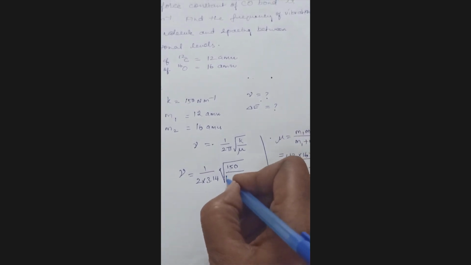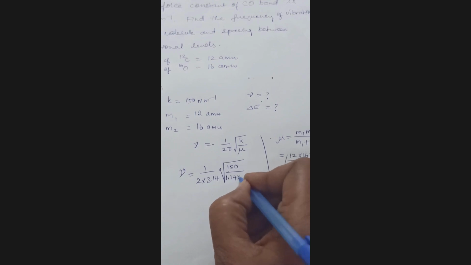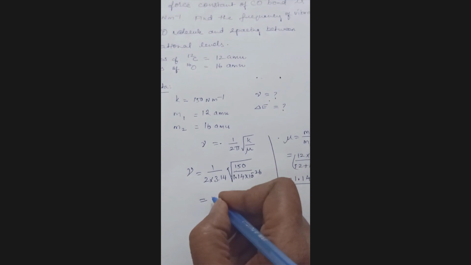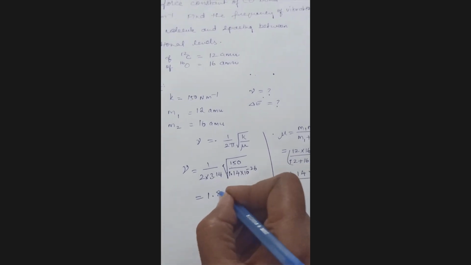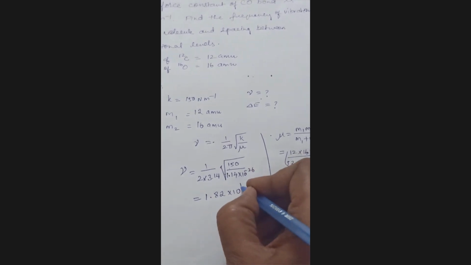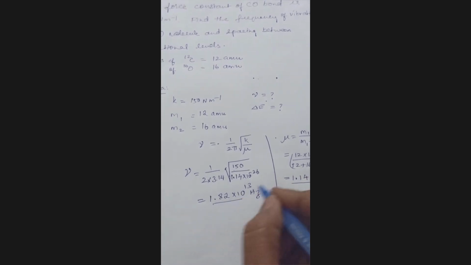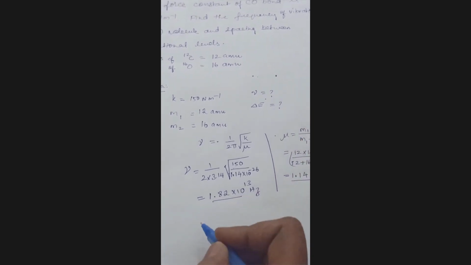See here, we have calculated mu. Let us substitute that, 1.14 into 10 raised to the power minus 26. So on simplification, the value that you are getting here is 1.82 into 10 raised to the power 13 hertz. It's a frequency. So first thing we have found out.